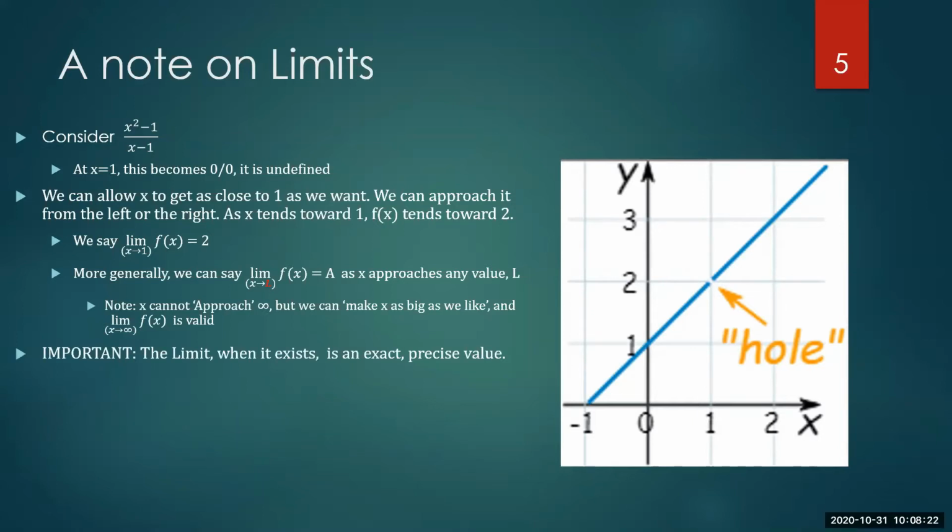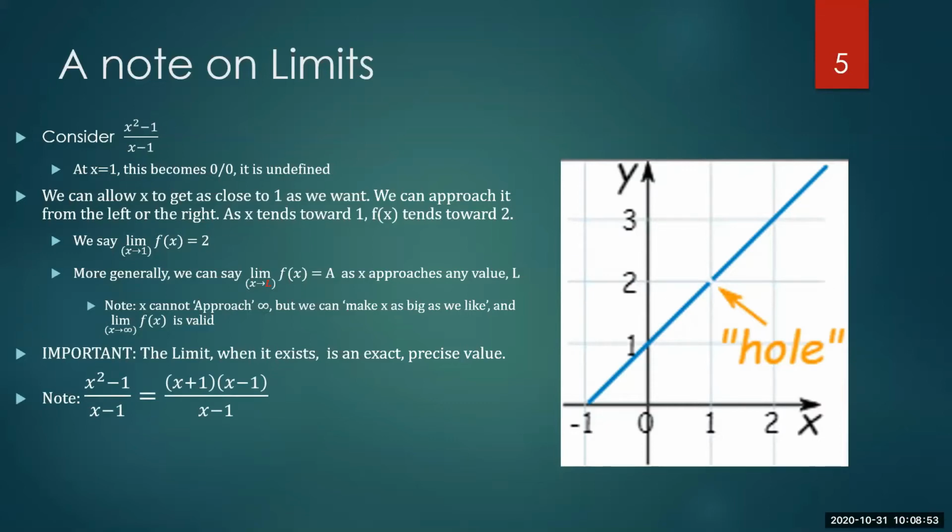The really important thing to know about limits is that when the limit exists, it is an exact, precise value. The limit is not an approximation or an estimate. That's a question that's come up from time to time. Really important to understand that when you do find a limit of a function, that is a single and exact value.